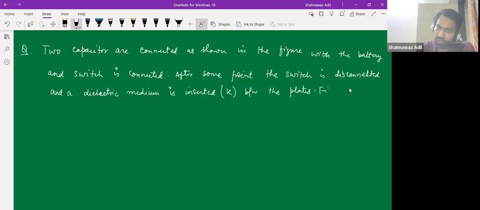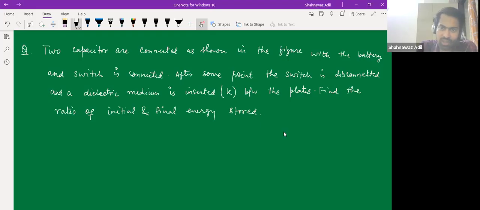Find the ratio of initial and final energy stored.